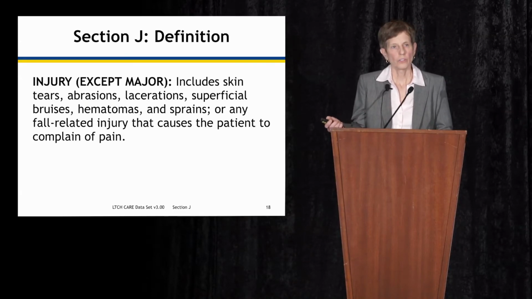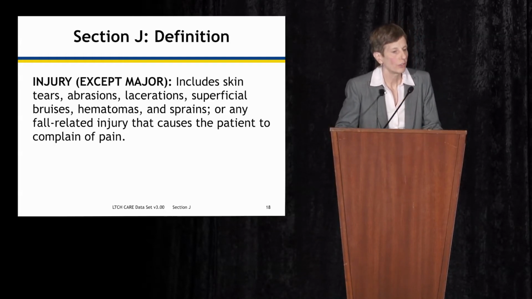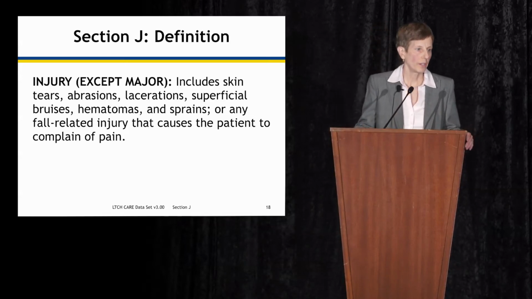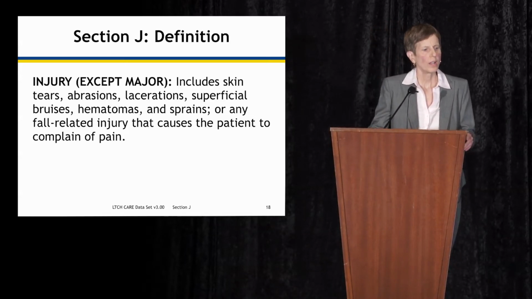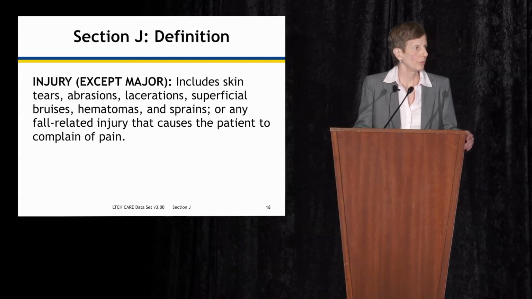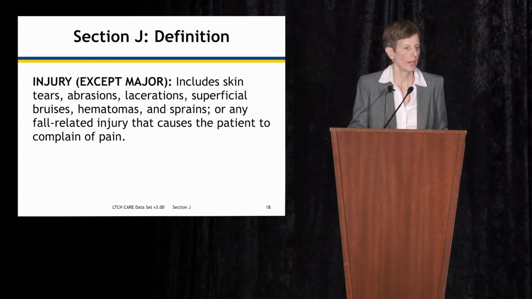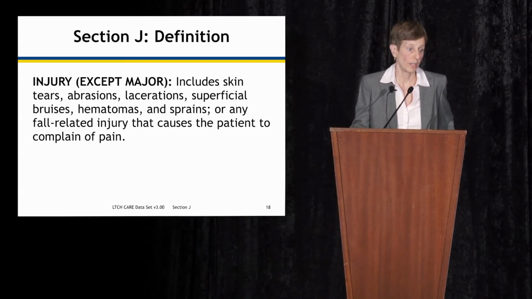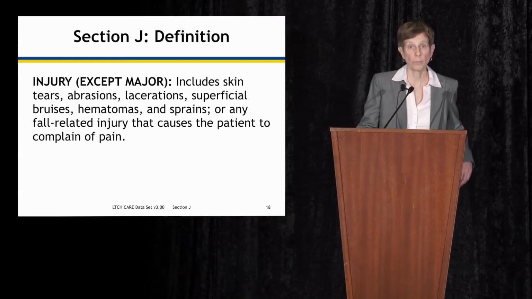So the next definition, this is for J1900B, is injury except major. Injury except major includes skin tears, abrasions, lacerations, superficial bruises, hematomas, and sprains, or any fall-related injury that causes the patient to complain of pain.